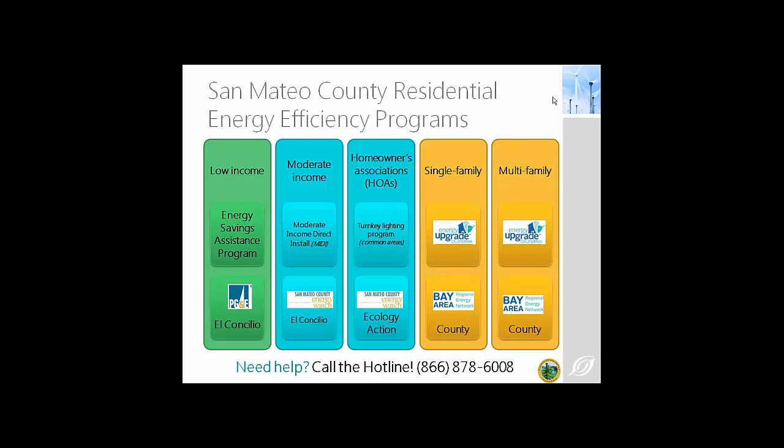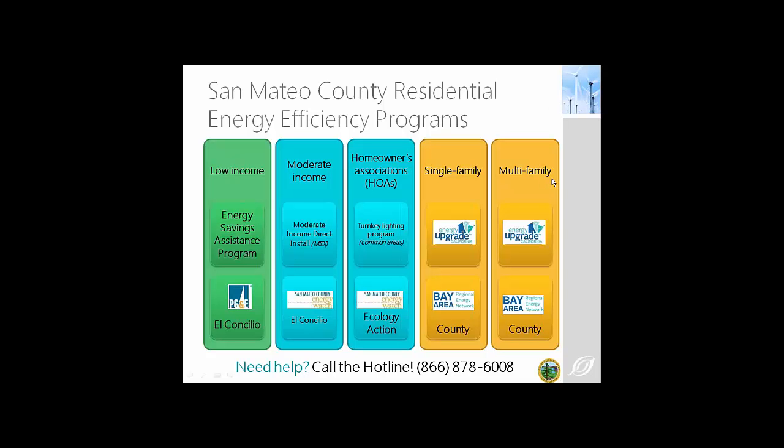Okay. So there are some energy efficiency programs available to you here in the county. There are different programs and rebates available for your level of income, and also for any HOAs. There's lighting, single family and multifamily. There's also some rebates as well. On this slide we have the rebates through PG&E, my program, the San Mateo County Energy Watch, and Energy Upgrade California, which is also run through BayREN, the Bay Area Regional Energy Network.